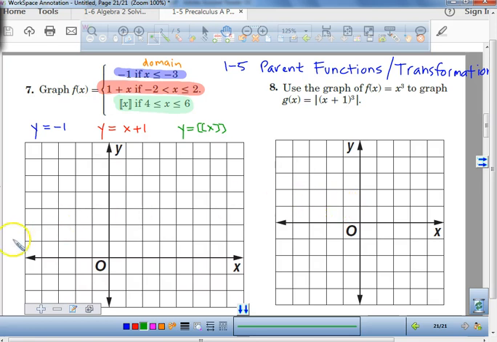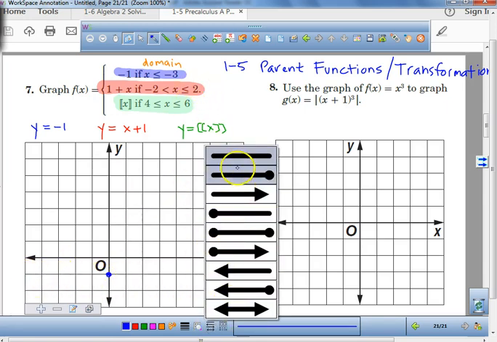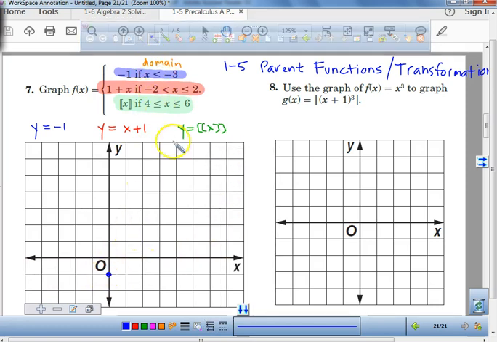Now what we're going to do is graph these like if we were to have three graphs on your paper. We're going to graph them, then I'm just going to erase to what we need. Okay? So the very first graph I'm going to graph is y equals -1, which is simply a horizontal line parallel to the x-axis. I'm not going to make any arrows with this, I'm just going to make some lines.